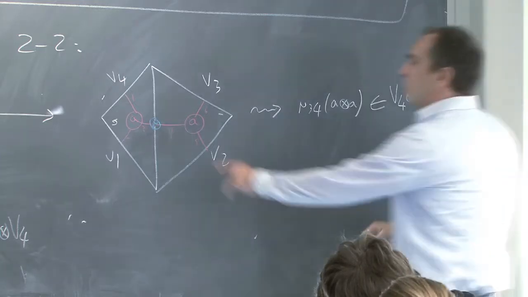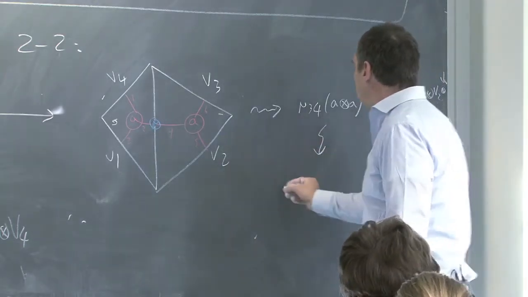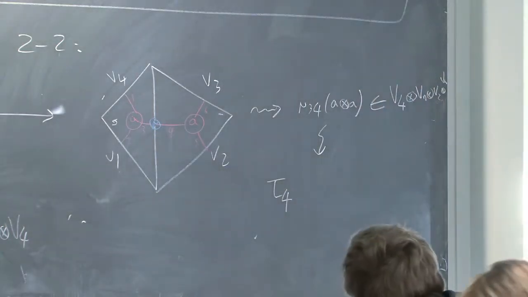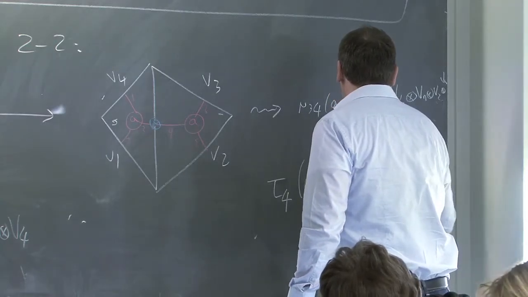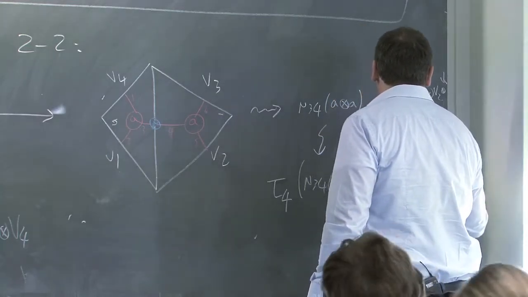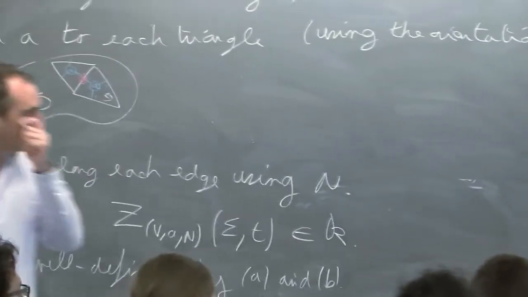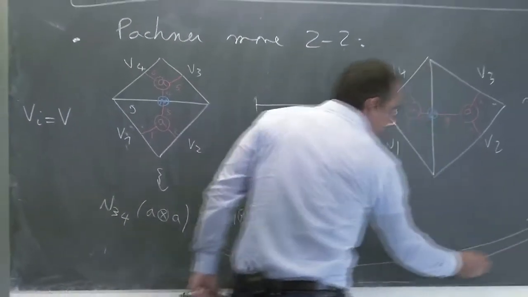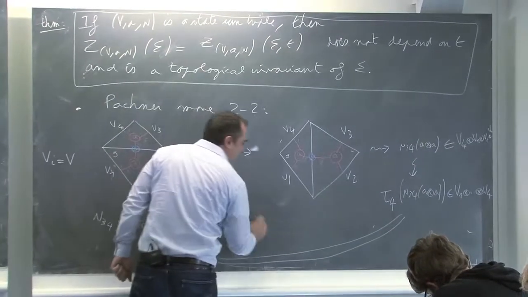So now if I apply the cyclic permutation, I obtain a vector in V1 tensor V4. We have the same space here, and of course we want that this vector agrees. So these vectors are the same. This is the condition C of a good triple.